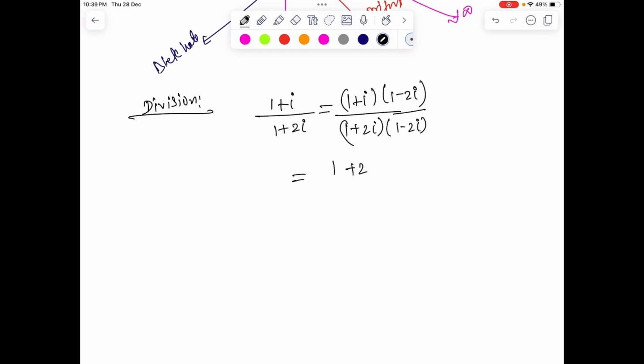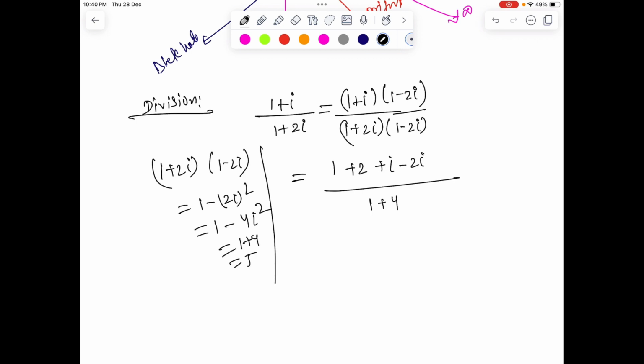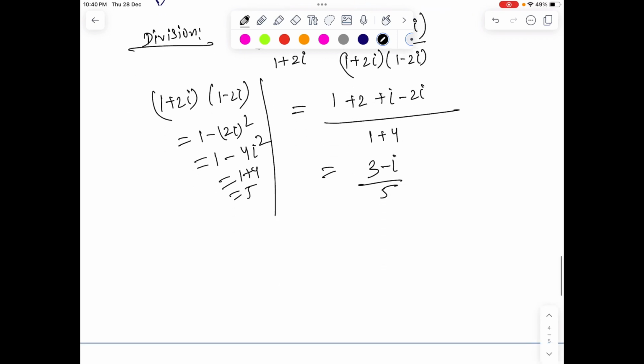And then it's (1 plus 2 plus i minus 2i) divided by (1 plus 4), because (1 plus 2i) into (1 minus 2i) is 1 minus (2i) whole square. So it's 1 minus 4i square. That will become 1 plus 4, which is 5. And that gives you the answer (3 minus i) by 5.